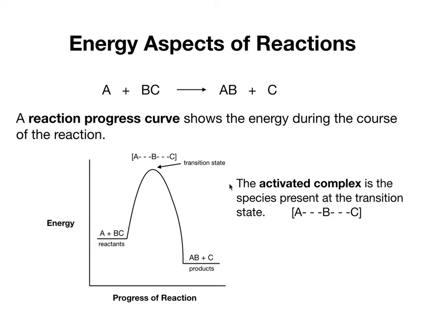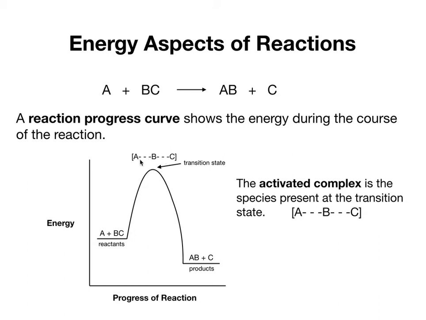Okay, so in terms of the terminology, at the beginning of the reaction, we have the reactants, which are shown here. At the end of the reaction, we have the products, which are shown here. And at the transition state of the reaction, we have what's called the activated complex. Very, very high energy.